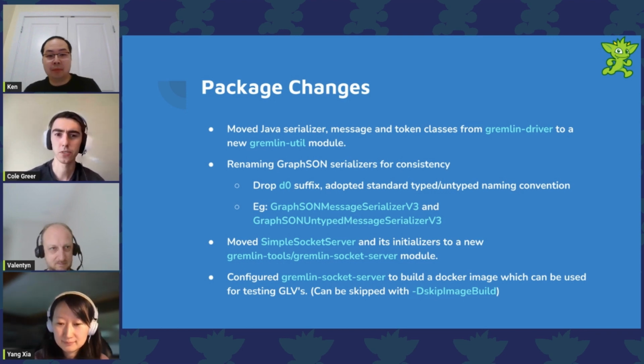And we've also aligned on GraphSONMessageSerializer as the base name for all the GraphSON serializers. They now all have their untyped variant, which is GraphSONUntypedMessageSerializer. So for example, you have V3 for both GraphSONMessageSerializer and GraphSONUntypedMessageSerializer. The same applies for V1 and V2. So it's just much simpler and much more straightforward on the naming now.